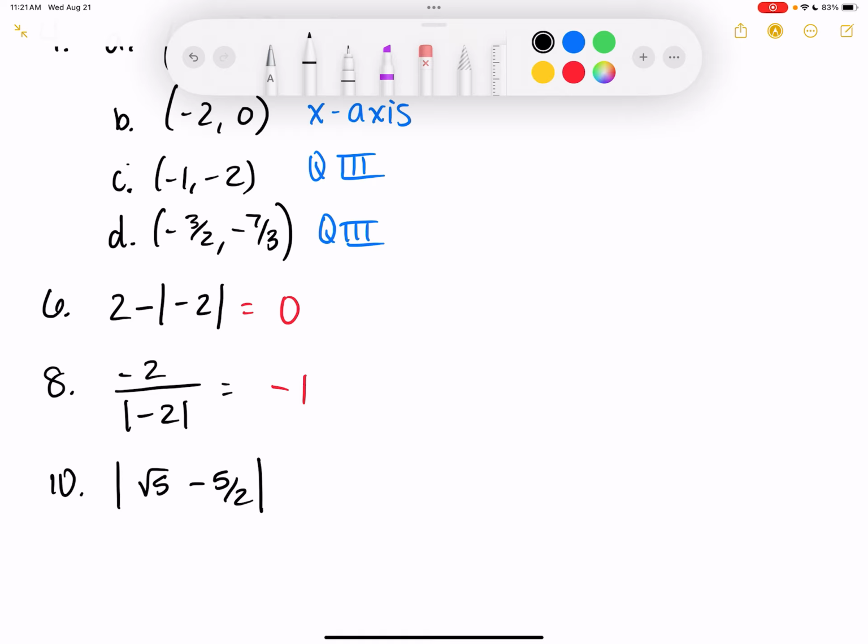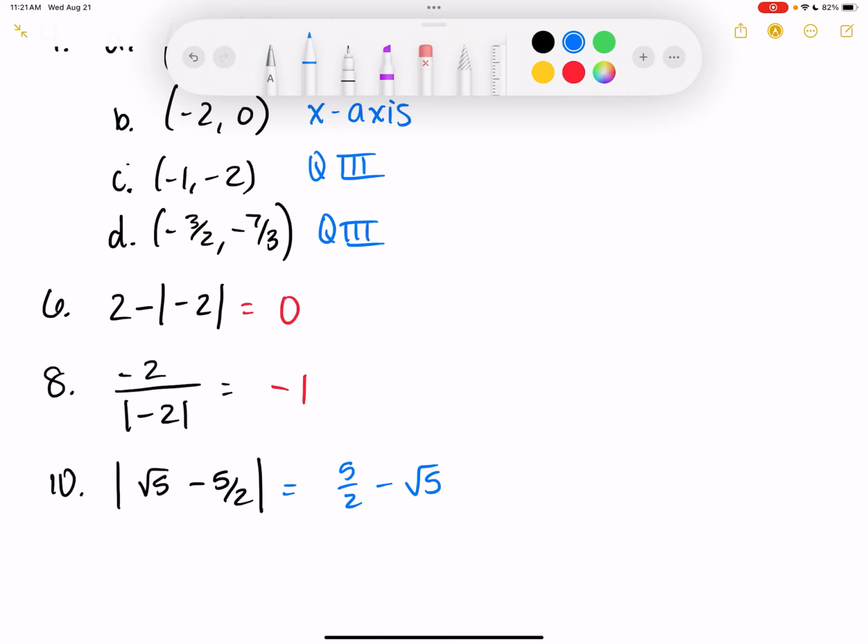I'm not sure that this was actually in your notes, so I may have to tell you. If they want us to rewrite it, then it would just become 5/2 minus the square root of 5. It's just a rule that you can flip them, so don't worry about that one too much.